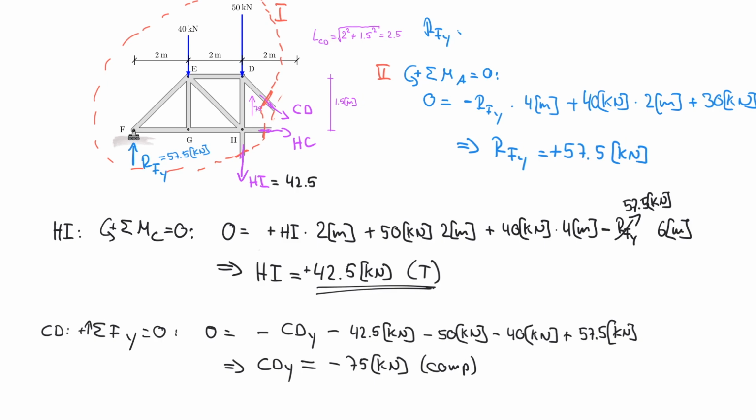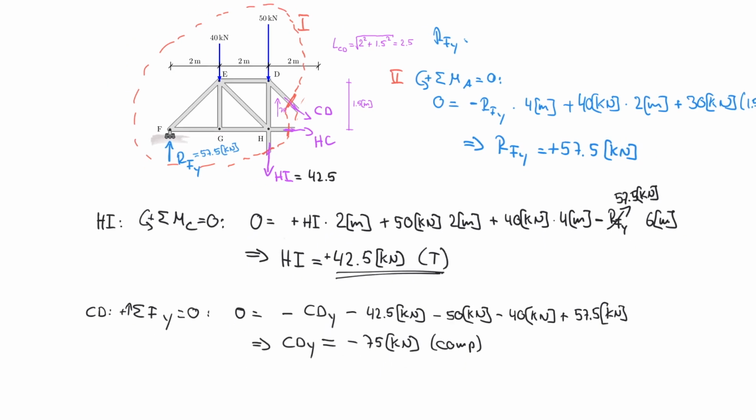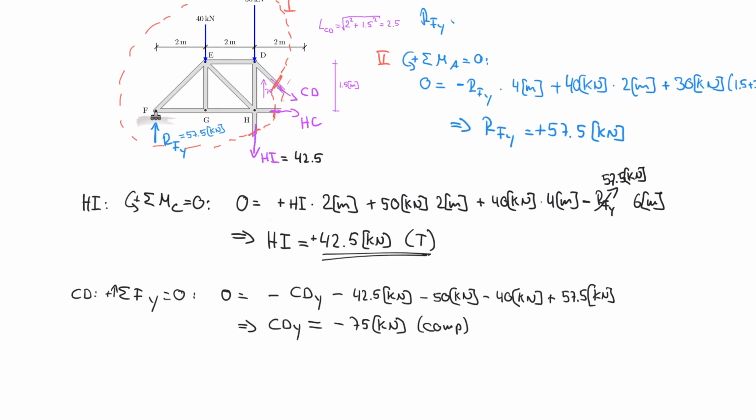So I can say that 75 kilonewton corresponds to 1.5 meters, just as CD in kilonewton corresponds to 2.5 meters.